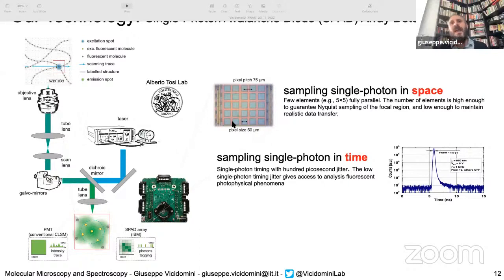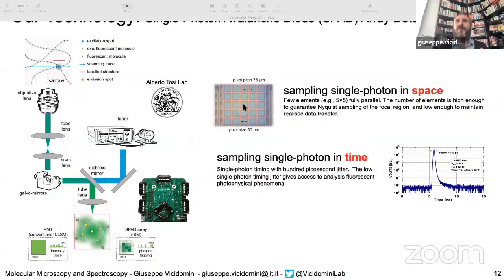And since we have so few pixels, the other very important thing is that we can transfer the data as fast as possible. In the sense that we don't have a frame rate, so that's a camera without frame rate. Every time a photon reaches one of these active elements of the detector array, a digital signal is fired and can then be acquired by your data acquisition without typically any delay.